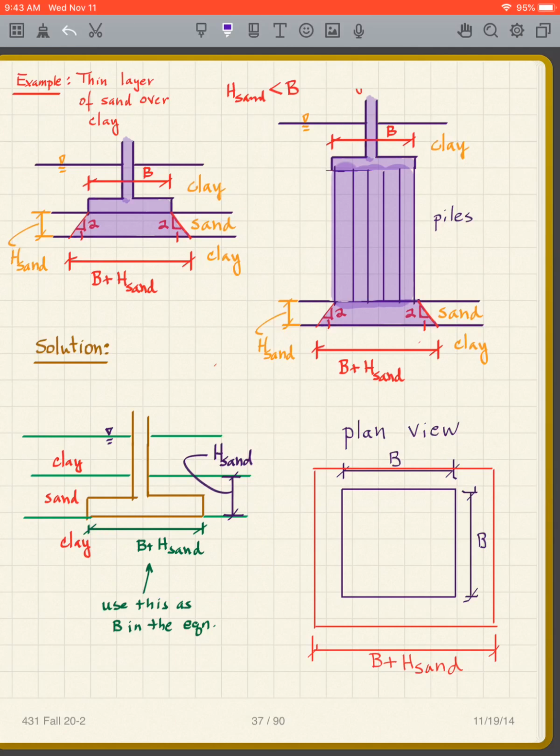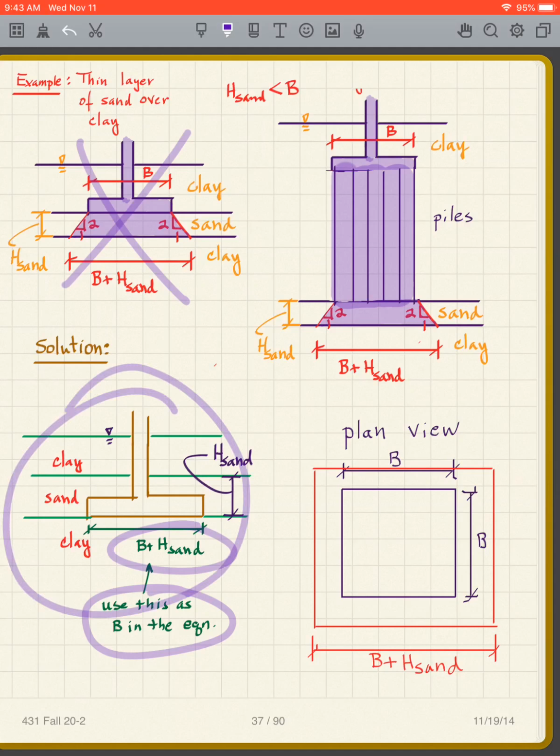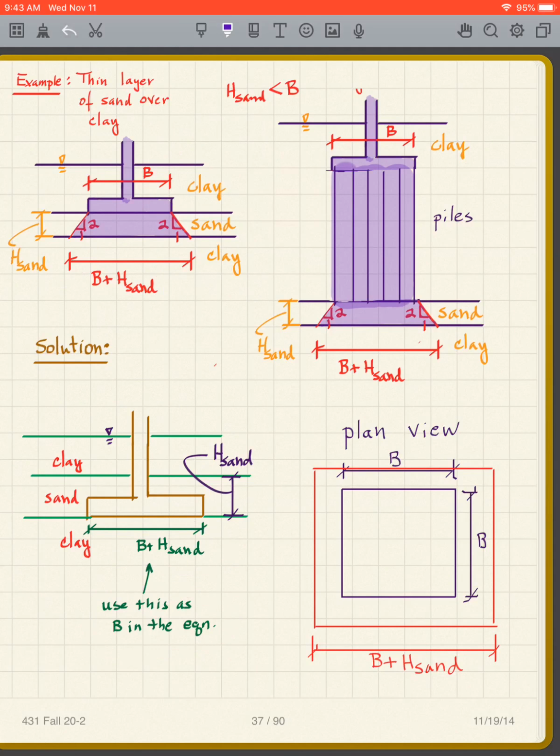So, in other words, the B in our bearing capacity equation becomes B plus H sand. So we don't analyze this, we do analyze this. So that's the way we're going to handle this.